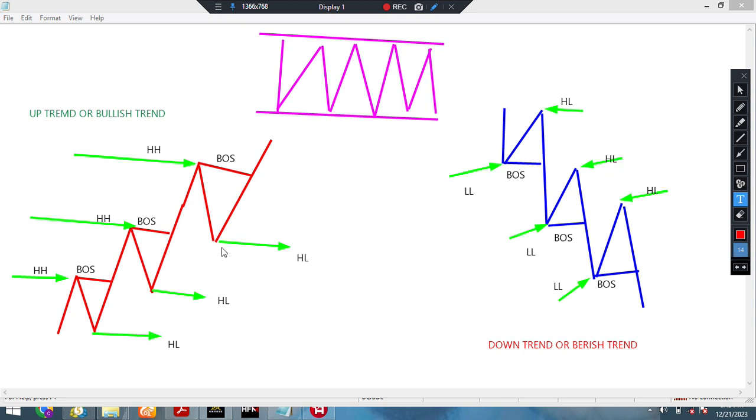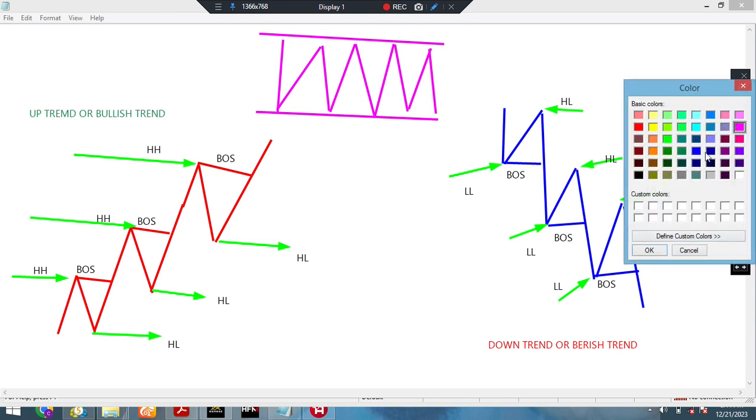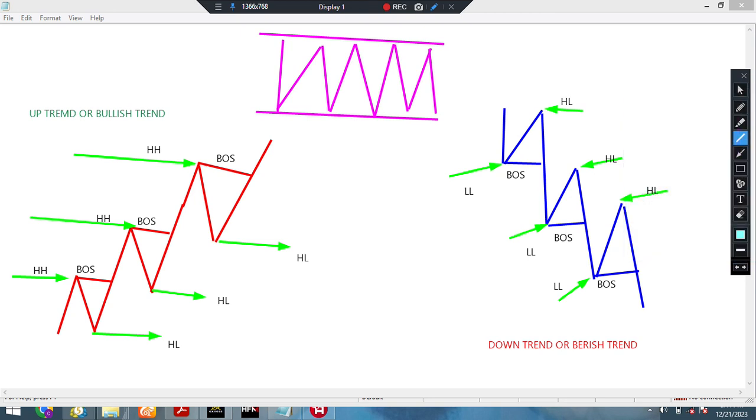So when price is giving you an uptrend, whenever it creates a BOS, in the case of trend, this is our area of interest. For a bullish move, we are waiting for price after this BOS. When price moves up, before we take a buy, we want to see price come into this zone.